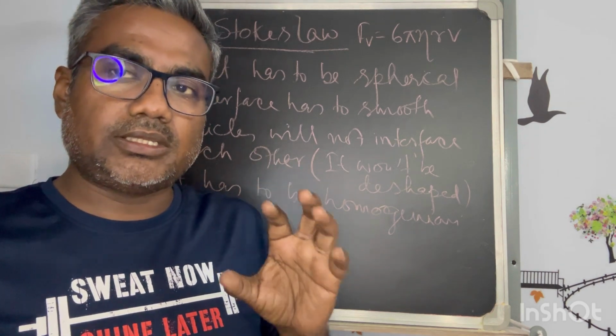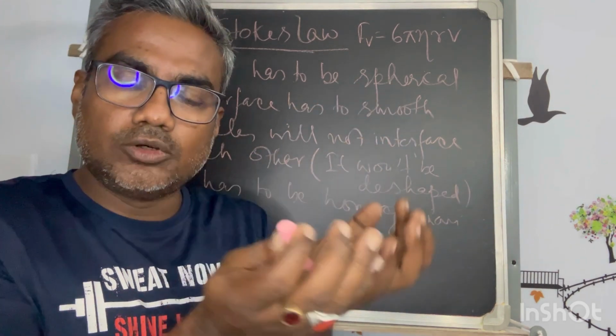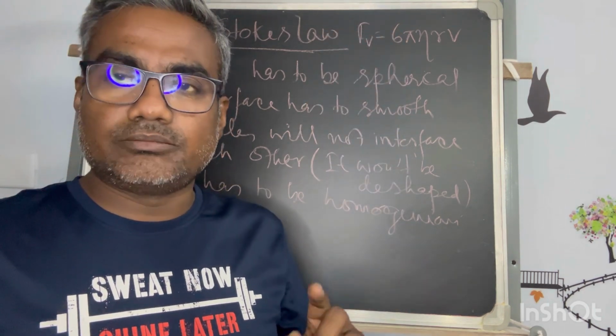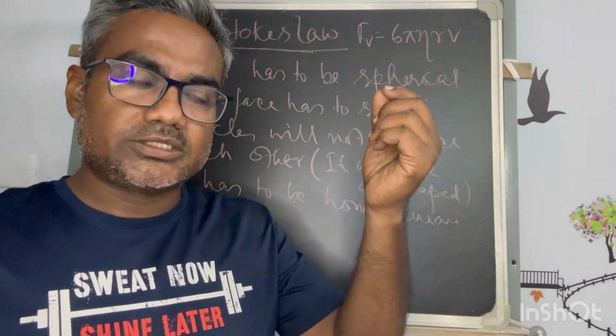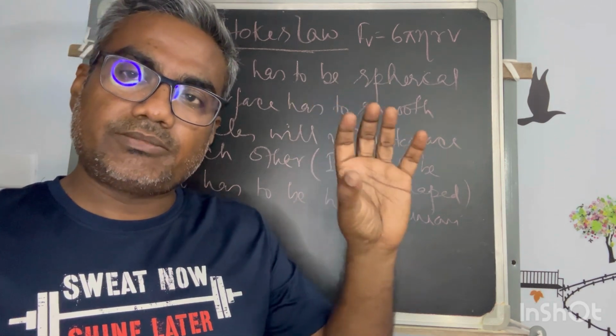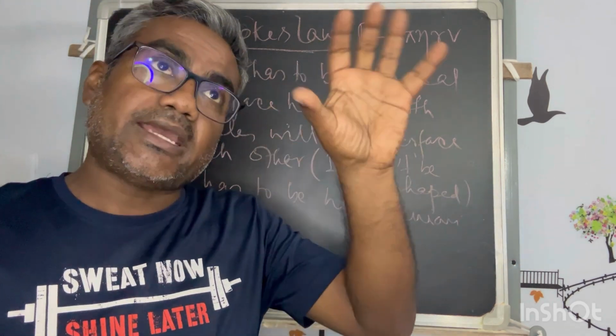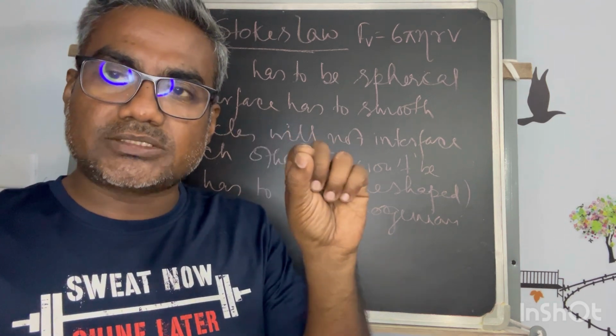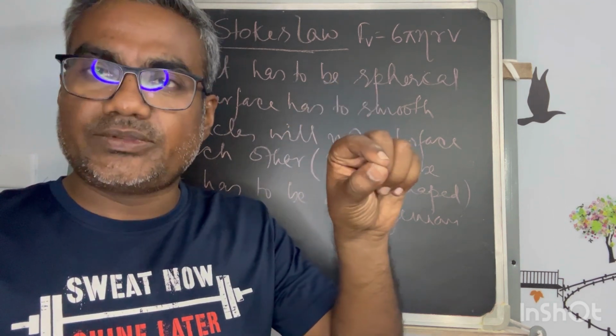I will not take any distributed mass in the whole body. So then the motion will not be a straight motion, because there will not be any specific center of gravity. Center of gravity may differ from the actual shape, because if it is spherical, the center of mass has to be the center of the body.